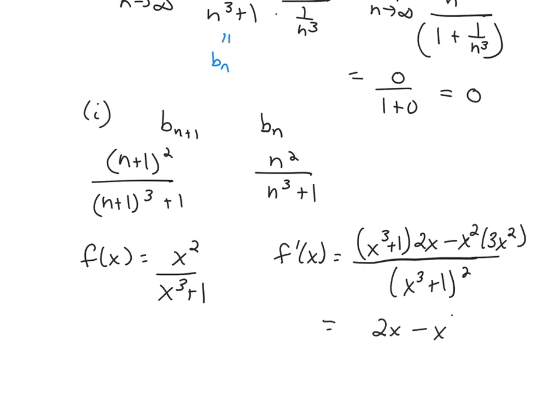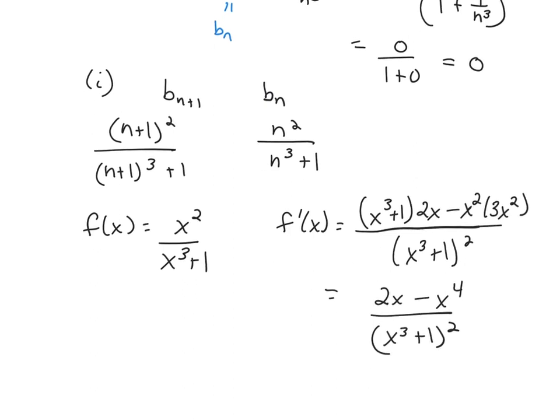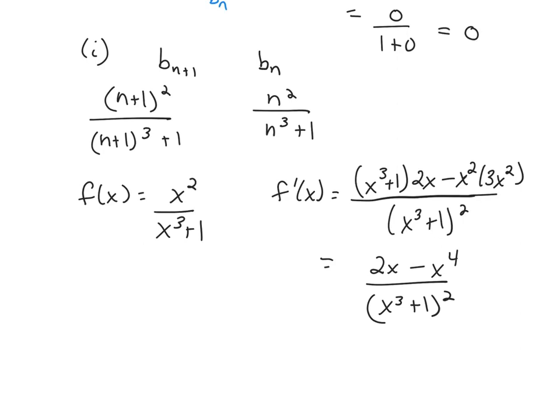So you'll get 2x minus x to the 4th. I like when I'm doing these to factor everything I can out of the numerator. What else could I factor out of the numerator? An x. So x times 2 minus x cubed over x cubed plus 1 squared.